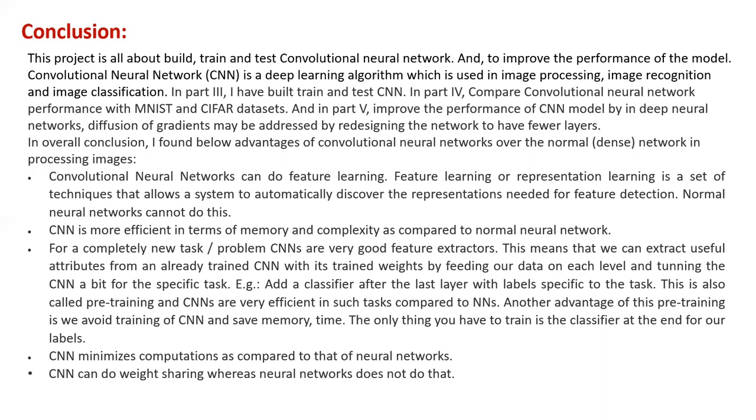Feature learning or representation learning is a set of techniques that allow a system to automatically discover the representations needed for feature detection. A normal neural network can't do this. So there are several advantages of CNN over the normal dense network.